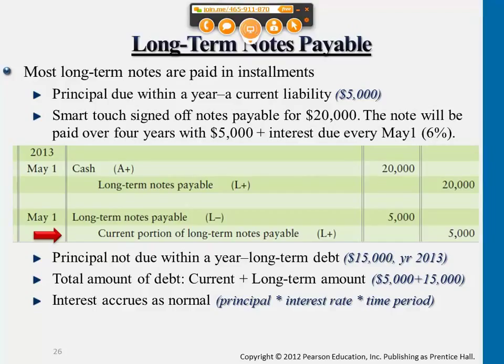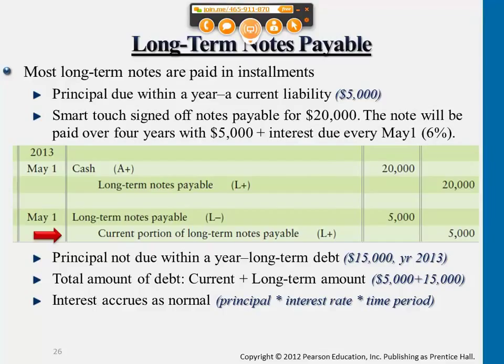This was an exact example we covered last Wednesday. Say your company signed a long-term note, borrowing $20,000 on May 1st, 2013. You sign off on the note certificate, and this note has a lifetime of 4 years. Sometimes these notes are paid by installments, meaning we're not paying off the money all at once 4 years from now, but breaking it into little portions, $5,000 as time goes by.